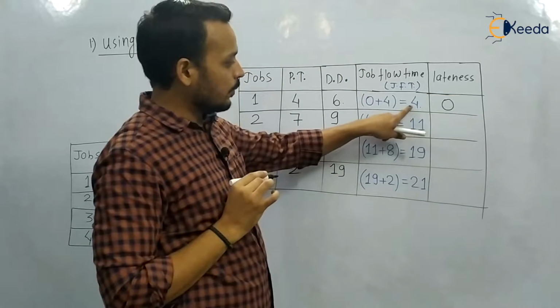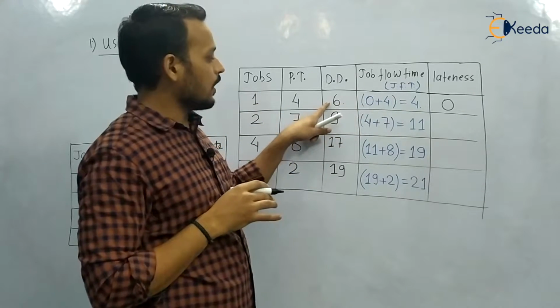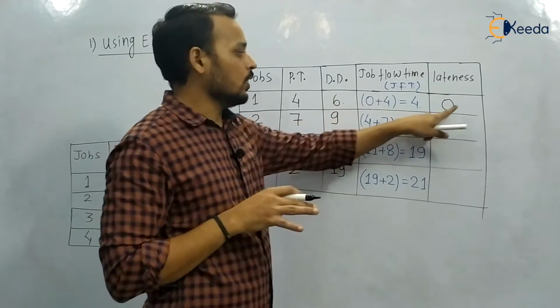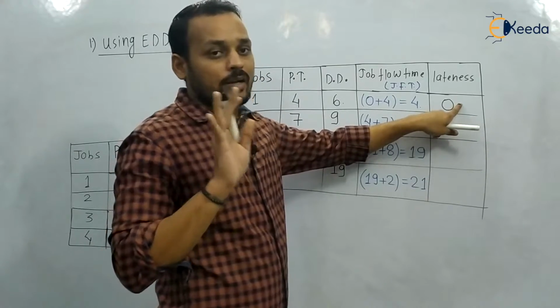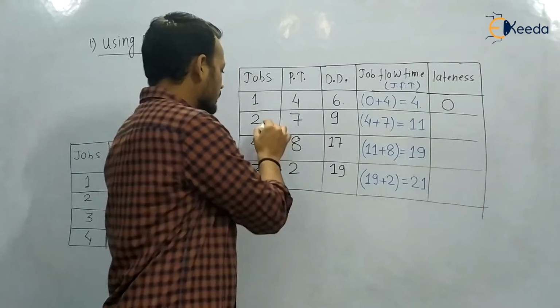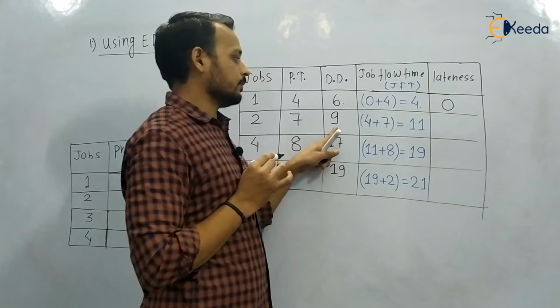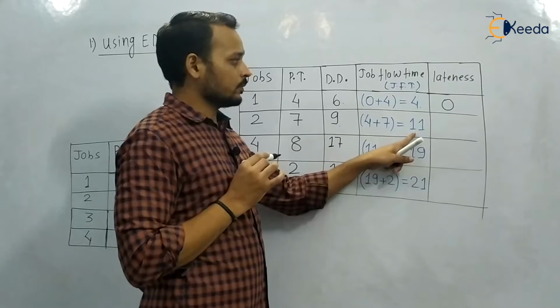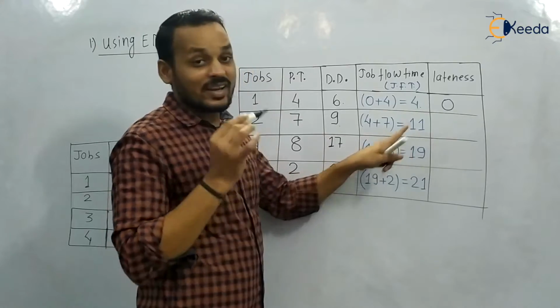Okay, because you have completed the processing of job 1 on 4th of October and the customer will ask on 6th of October. So the job is not delayed. Okay, so the lateness or tardiness is 0. Now for the second job, the customer will come on 9th of October and you are going to finish the processing on 11th of October.